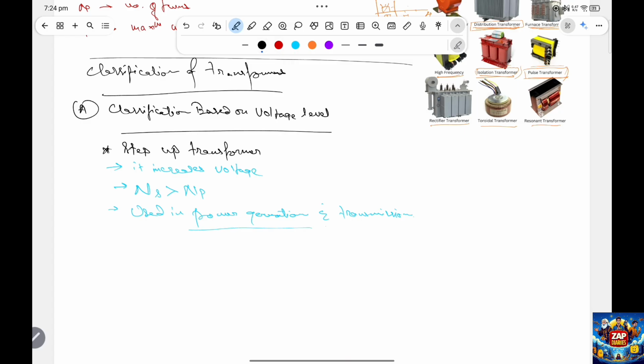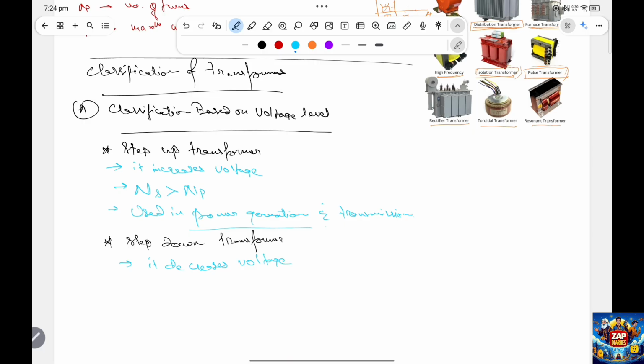Then we have, based on the voltage level, another type of transformer, the step down transformer. What it does is vice versa of the step up transformer. It decreases the voltage.